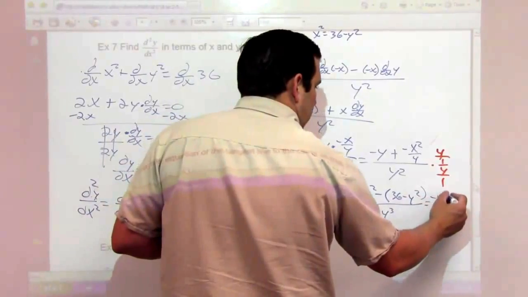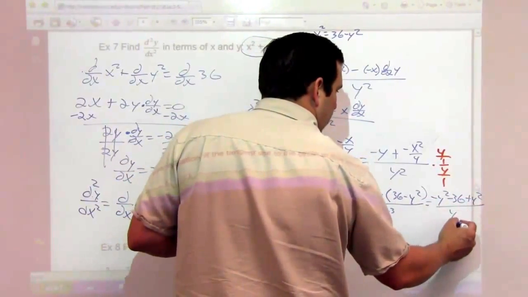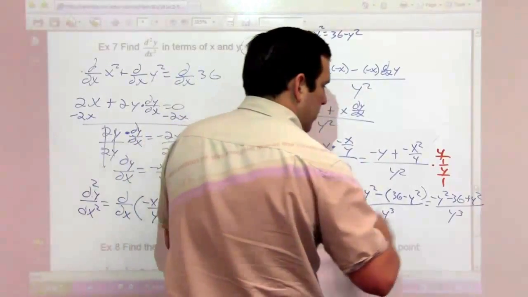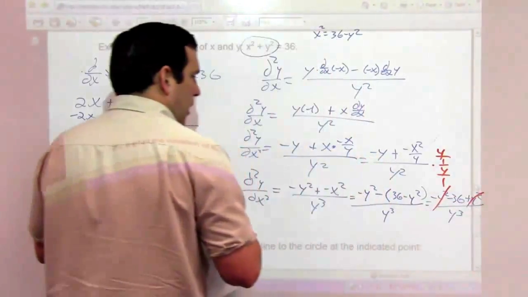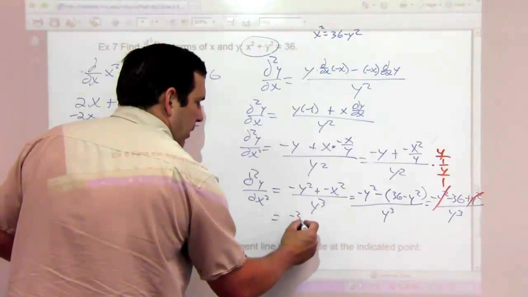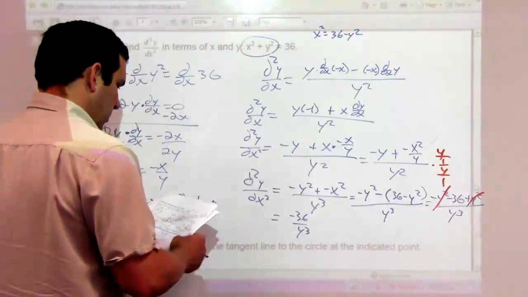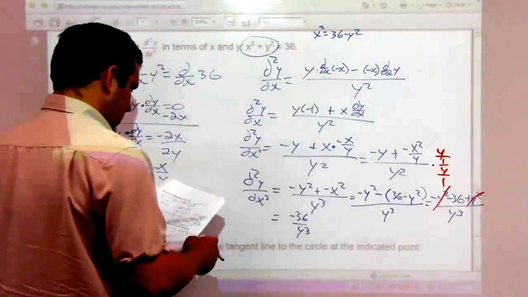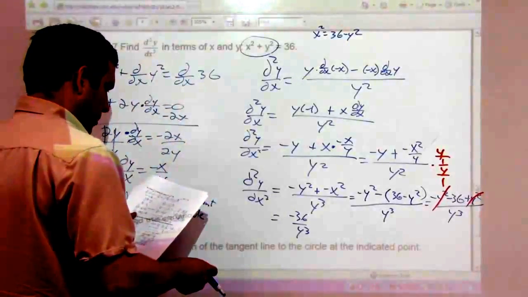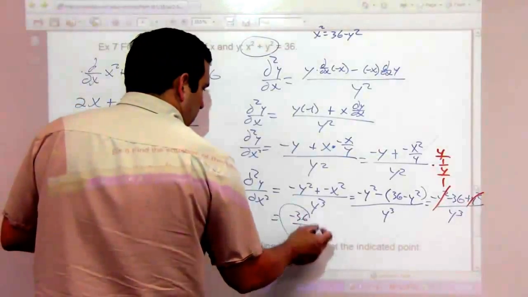So it's negative y squared minus 36 plus y squared over y cubed. These go away. And what do we have left? Negative 36 over y cubed. So that's one way we can finish it off.